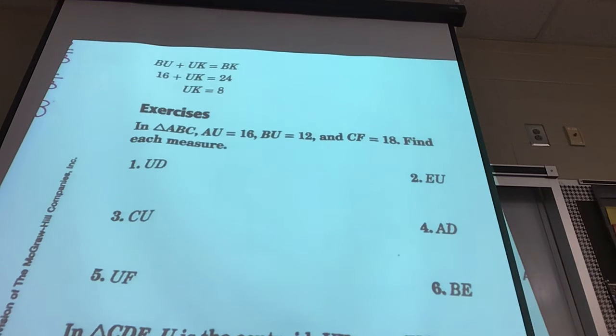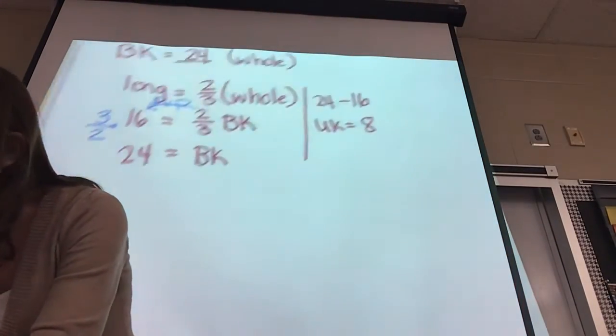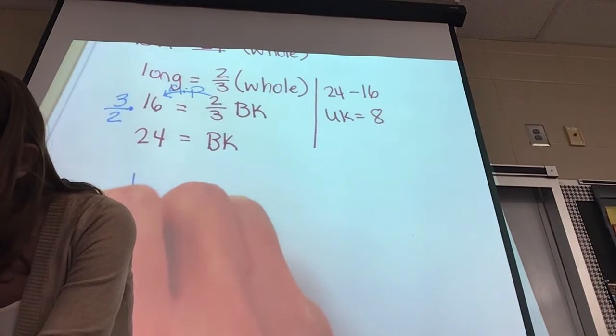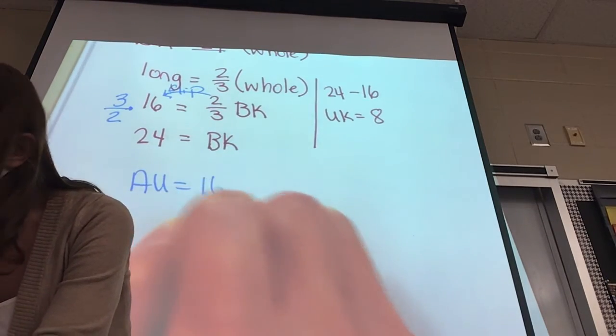So UD is on the same line as AU, but one is the short and one is the long. Now, what you can do is you can plug in. So if you have AU, AU is 16.